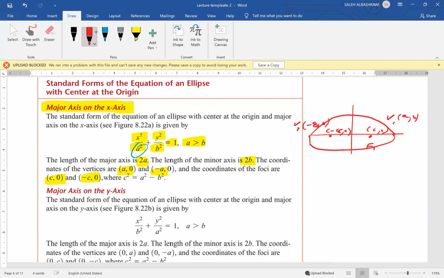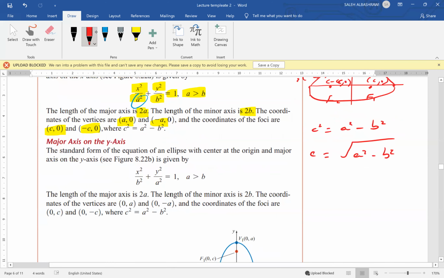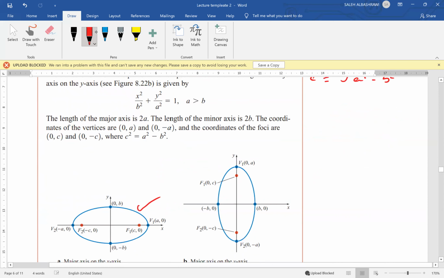This is F1 and F2. c squared equals a squared minus b squared, or I can say c equals the square root of a squared minus b squared. Take this shape: V1 is (a, 0), V2 is (minus a, 0), F1 is (c, 0), and F2 is (minus c, 0). And these will be the endpoints of the minor axis, (0, b) and (0, minus b).